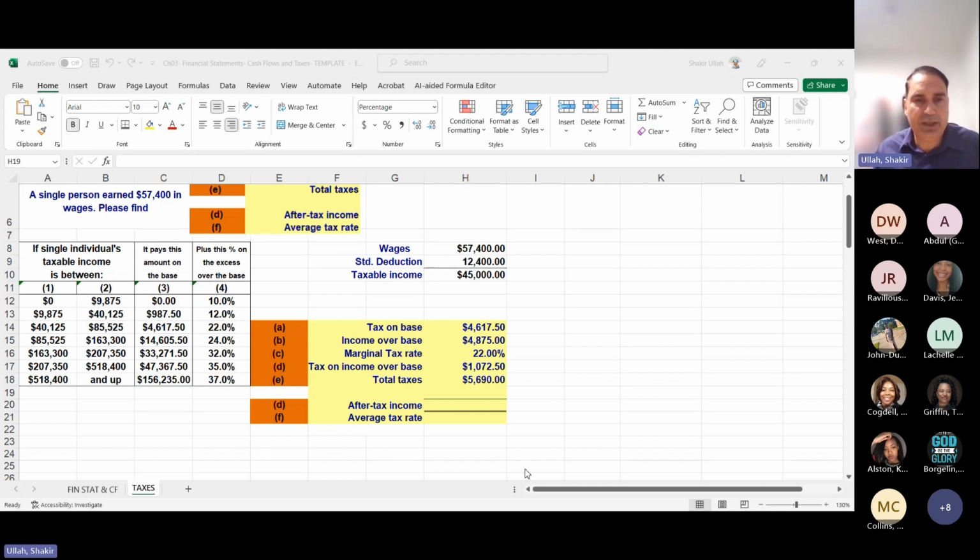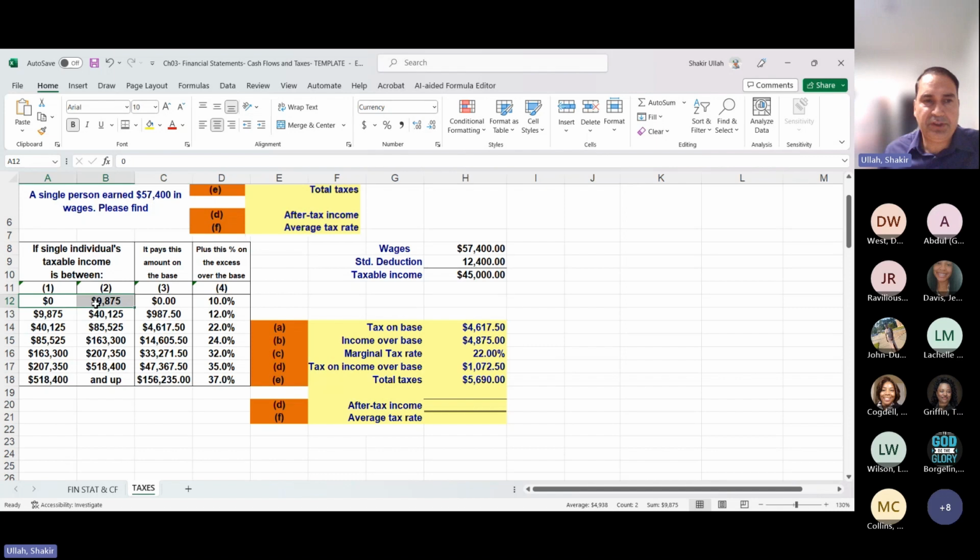No, actually, so what happens right here? Let me take you back. This base has been calculated stepwise, it has been done for you. So for your first 9,875, they have calculated the tax, which is $987.